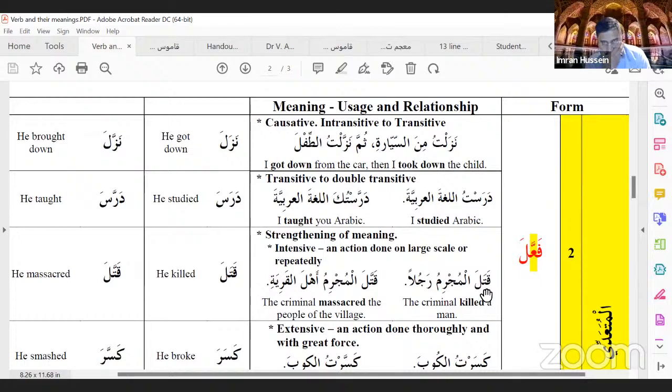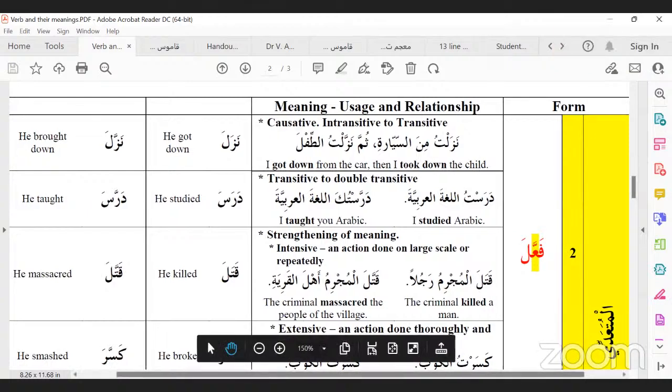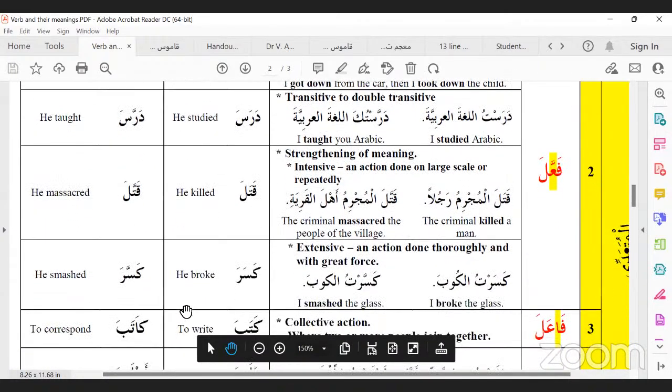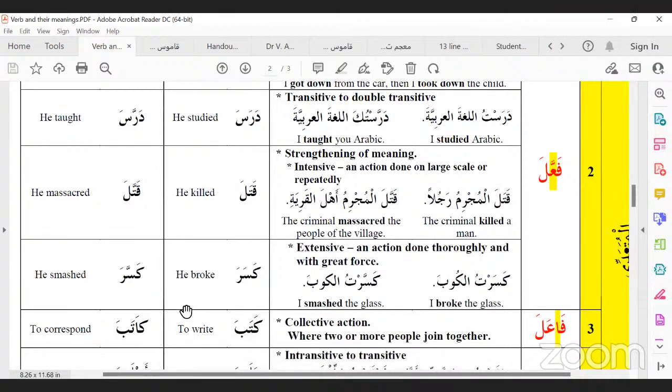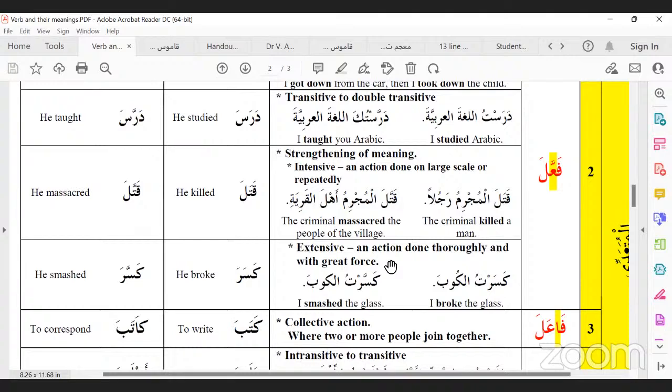Qatala. قتل المجرم رجلا. The criminal killed a man. قتل المجرم أهل القرية. The criminal massacred the people of the village. The first one, the doer is the person himself, like he killed someone.